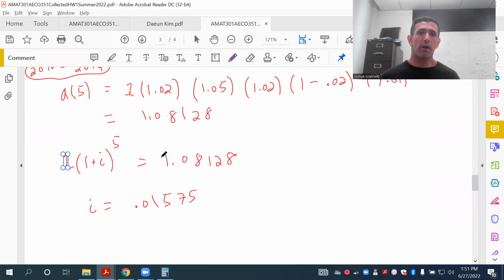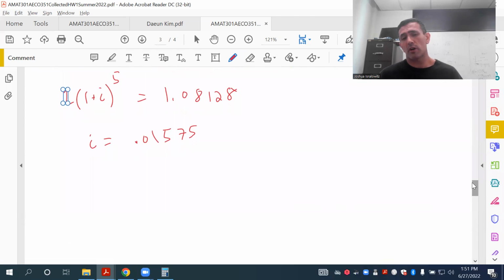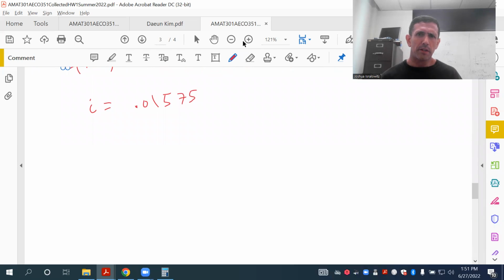The growth in this fund, even though it goes up and down, behaves like a bank account earning 1.6% interest over the whole 5-year period. Okay? That's a very valuable benchmark to answer the question of whether this is a good investment or maybe it's not a good investment.